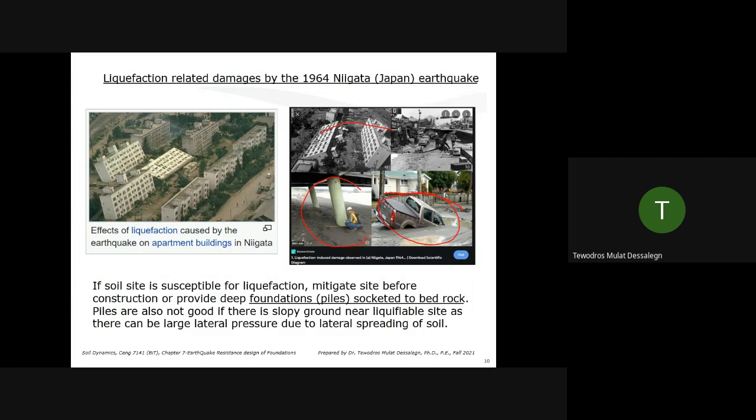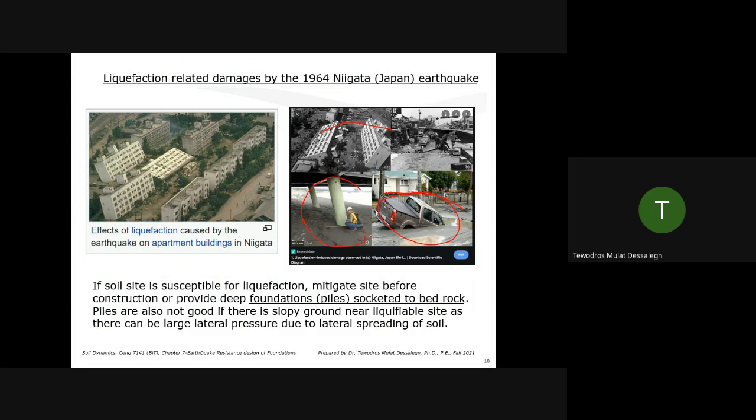It doesn't happen that much in clay soil. In clay, the particles don't try to settle fast, because of that cohesive nature, they are in contact with each other. Even if you have shaking, it's very little going down. But sand, as soon as you shake it, compacts faster. So loose sand is the most dangerous for liquefaction susceptibility.